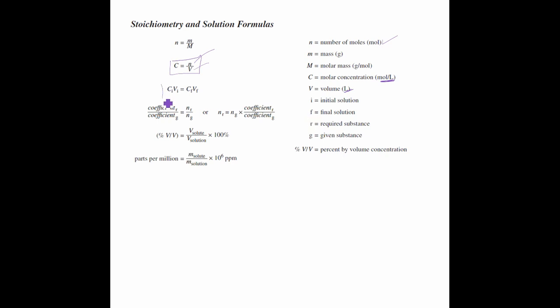The other equation, this is the one that we're actually going to be using here. So here they have it as CI, which is for initial, VI, initial. So for our solutions that we're talking about, that will be either the acid or the base solution. The final, the F, that will be the other solution that we're talking about.